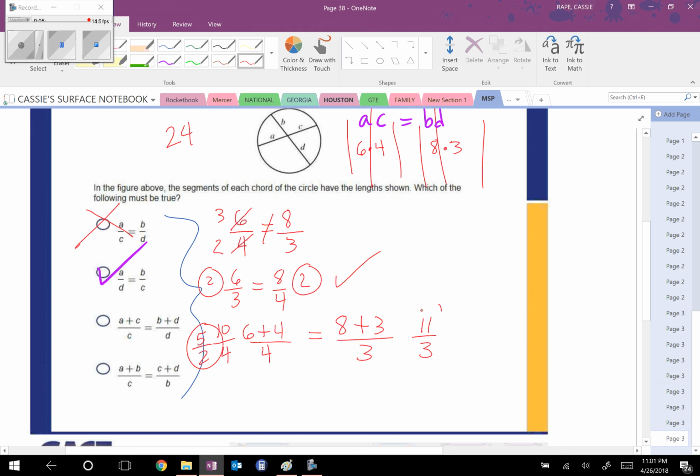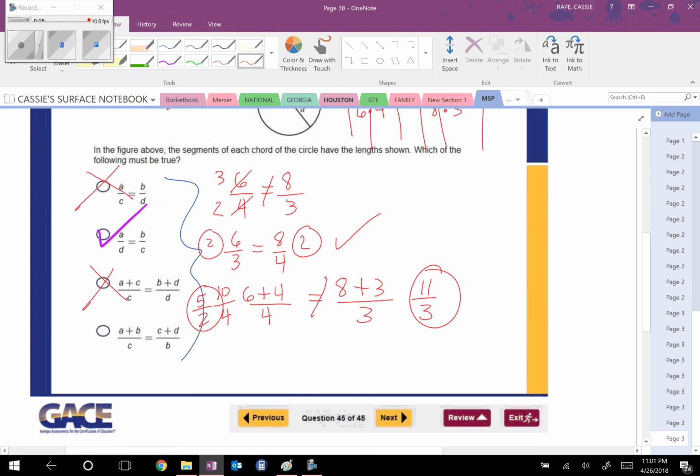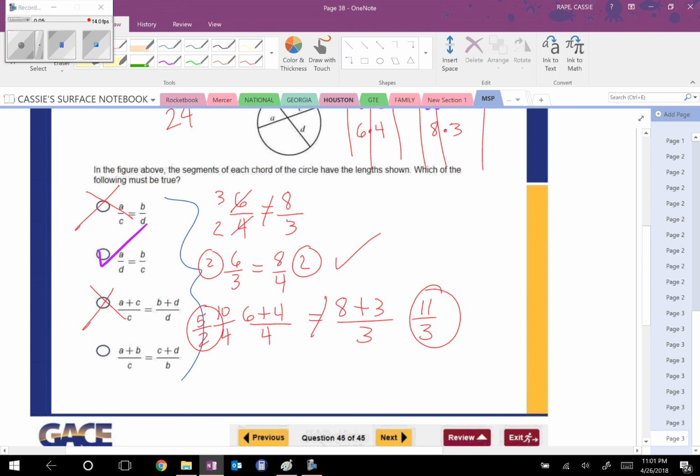And the last one, A plus B. So remember, A was 6, plus B, which is 4, over C, which was 8, is equal to C, which was 8, plus D, which was 3, over B, which was 4. So we're looking to see if 6 plus 4, which is 10 eighths, which is 5 fourths, is the same as 8 plus 3, which is 11 over 4.